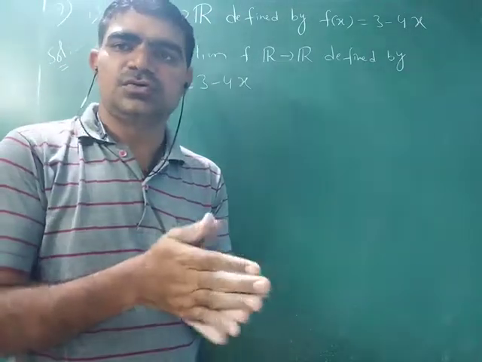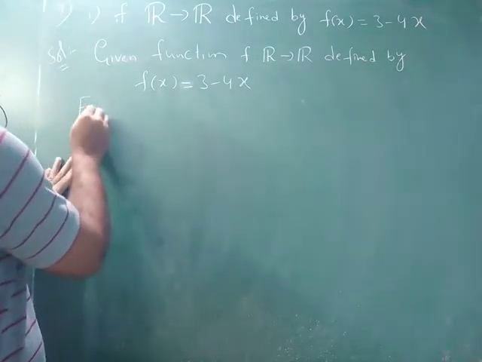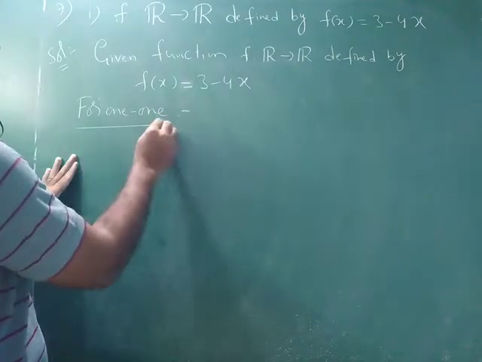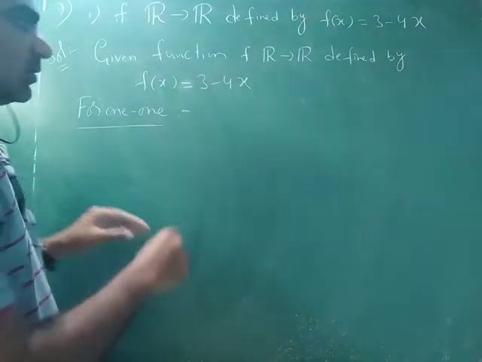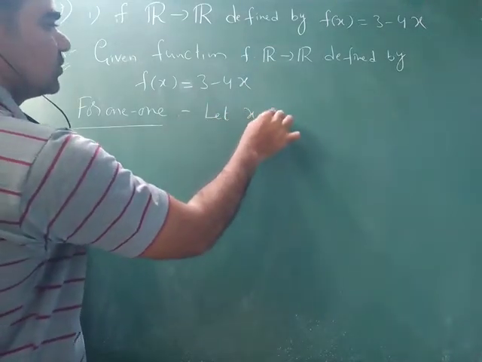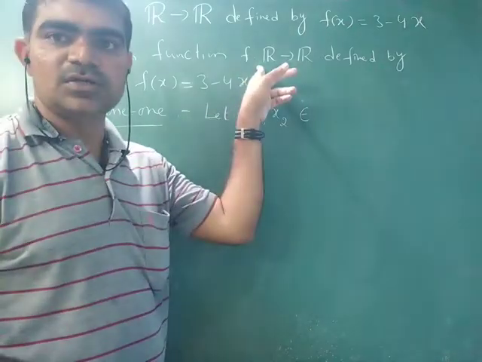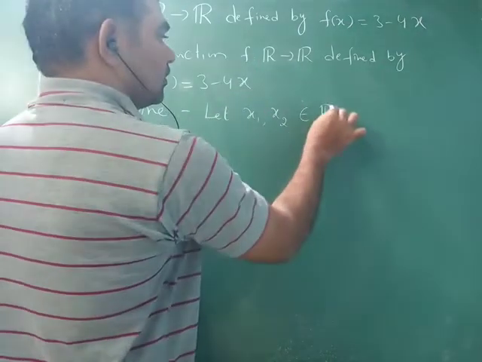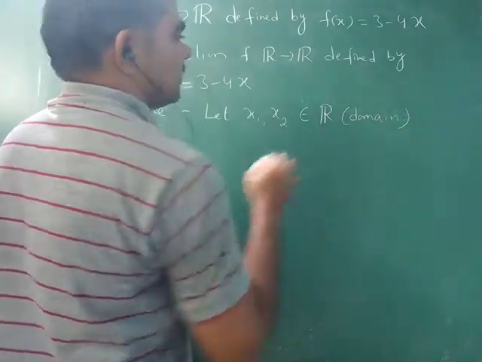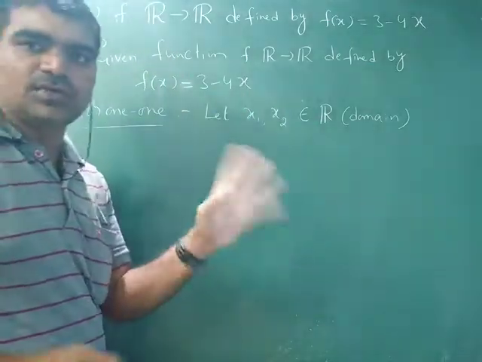For one-one, we know the working process, right? We have to assume any two elements in the domain, x1, x2. Here the domain is R. When both are the same, you can write the domain in brackets if you want; it's clear to mention as you wish, otherwise no need to.